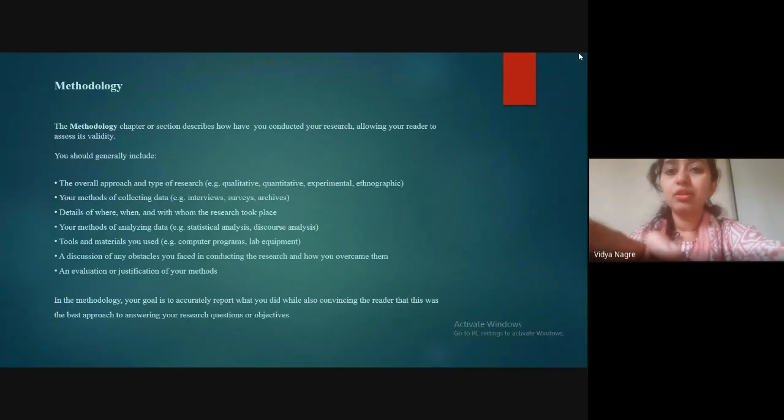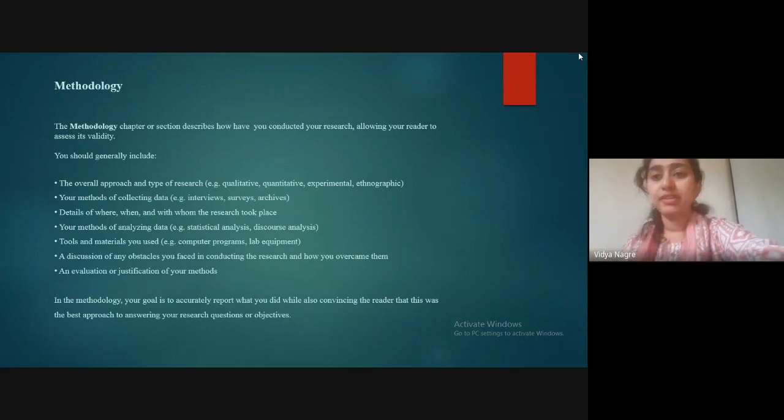There are various methodologies which we use for our research. I already have discussed this: qualitative, quantitative, experimental, ethnographic. Then tools like interviews, surveys, archives, statistical analysis, discourse analysis, computer programs, laboratory research, library research, field work, sampling method, and so on.